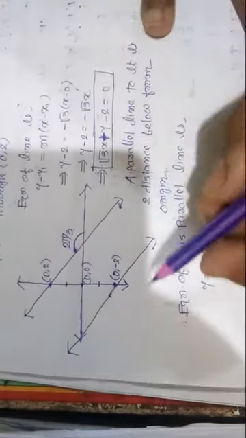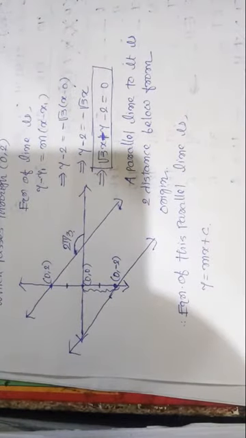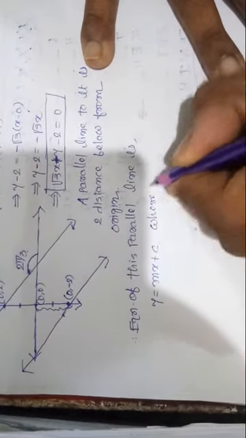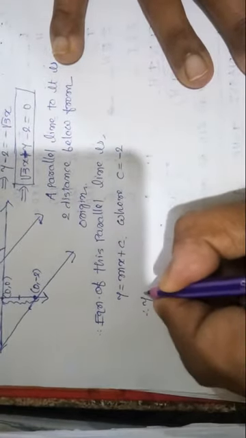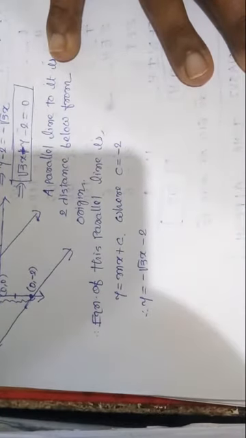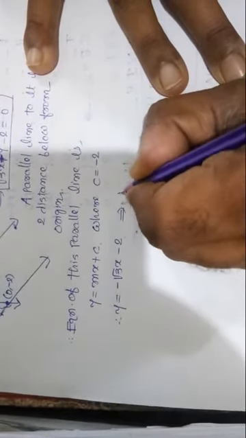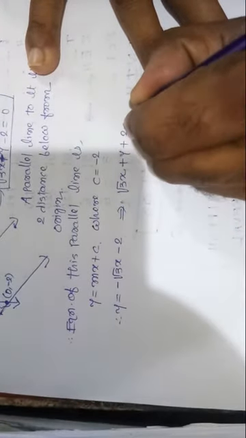I think you easily understand why I write mx + c: this is the line which makes a y-intercept, and we know the y-intercept is -2 here. An intercept can be positive or negative. So where c is -2, let's put in the value: y = -√3x - 2. Finally, writing both terms on that side, we get √3x + y + 2 = 0.